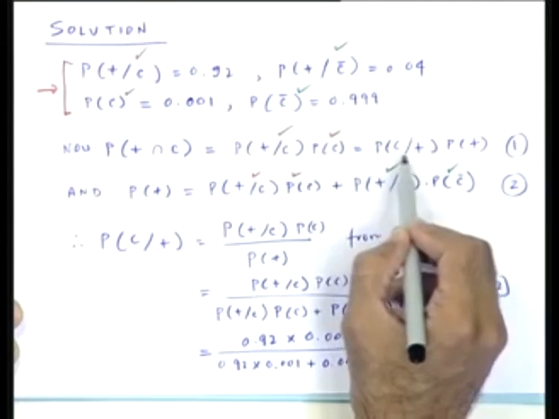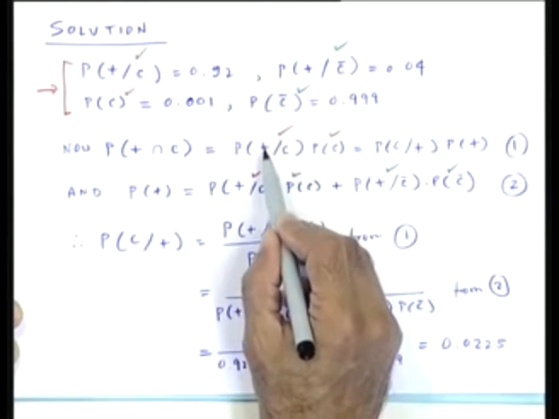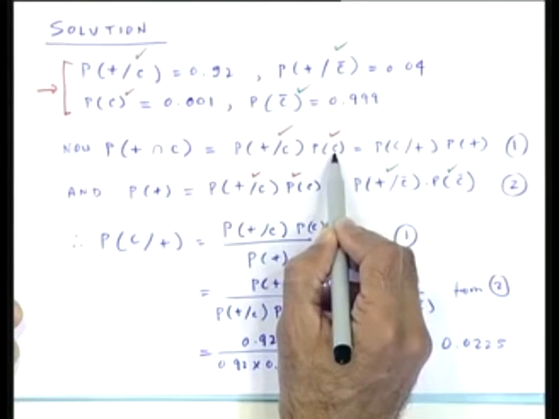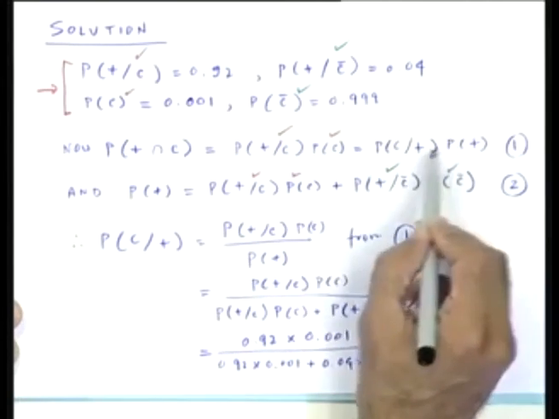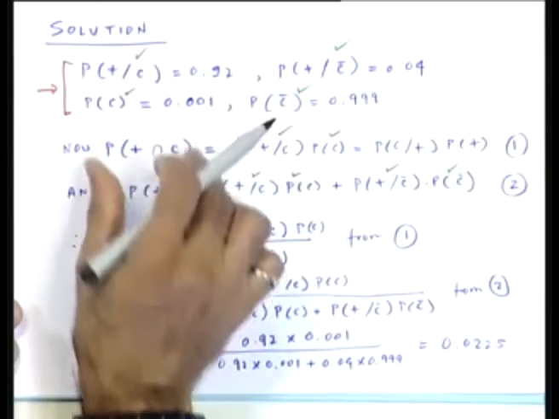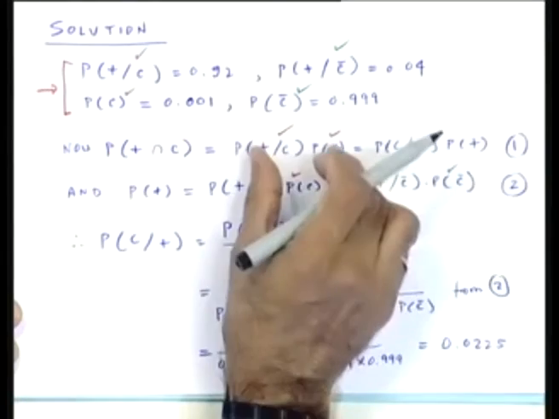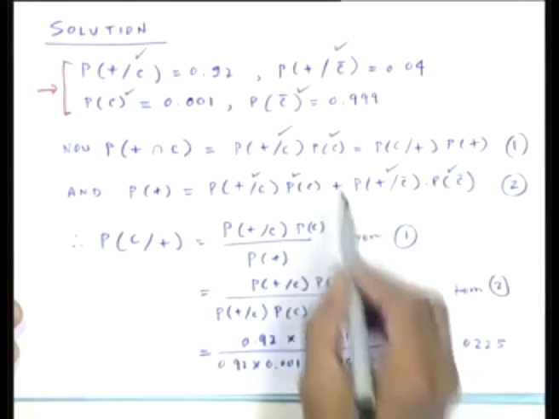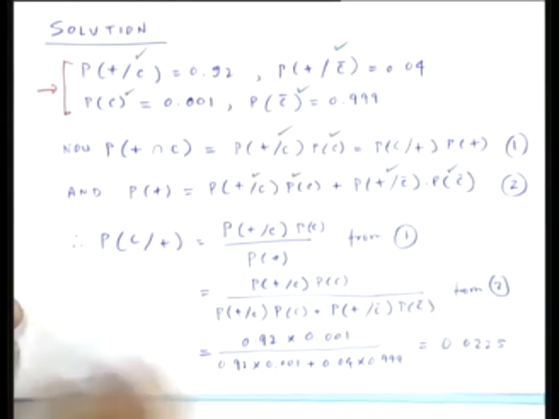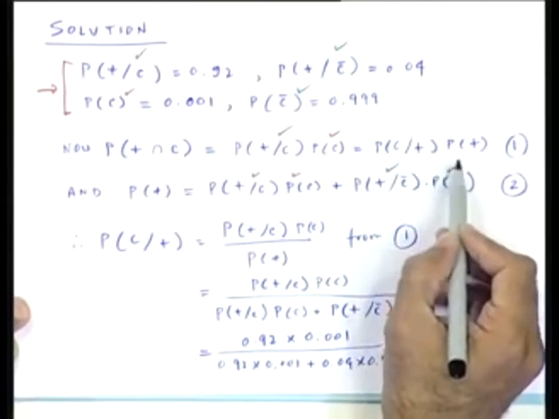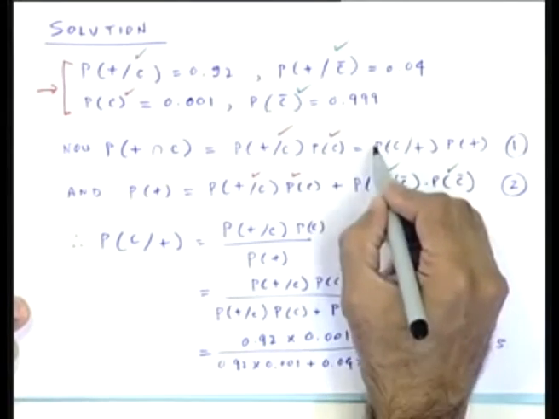That is also equal to the probability of A given B multiplied by P(B), and the probability of B given A multiplied by P(A). So I've written this same formula once here and another time here, just by changing the order of the things. It's the same formula, valid from the conditional probability formula.